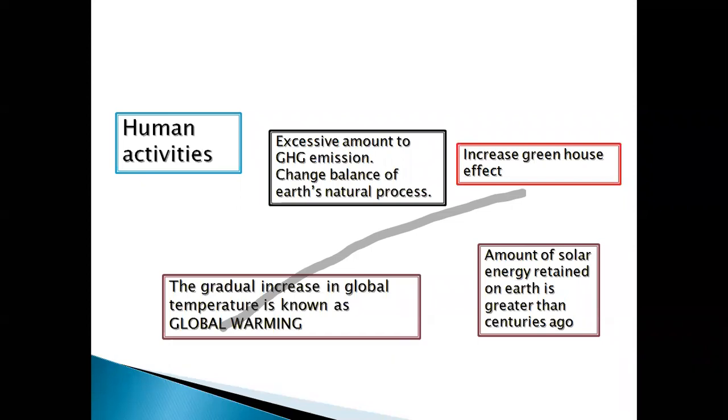And this increase in the global temperature is global warming. So now in our time, the amount of energy from the sun in our planet is increasing. So we have more energy trapped. That's why our planet has more heat than before.